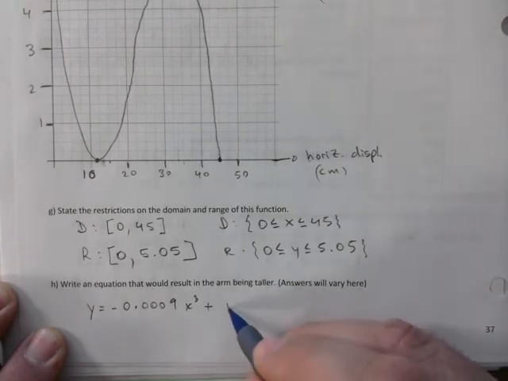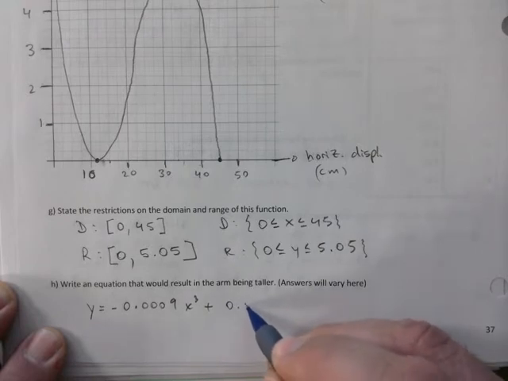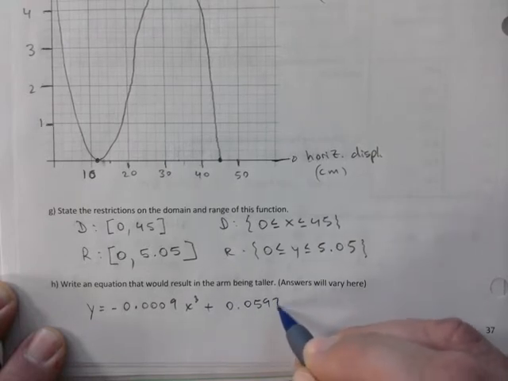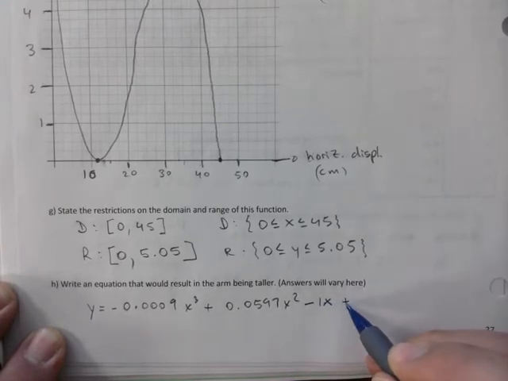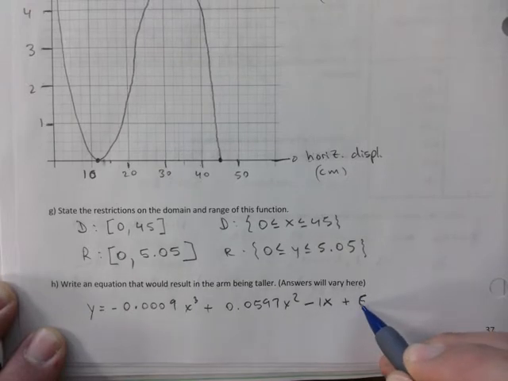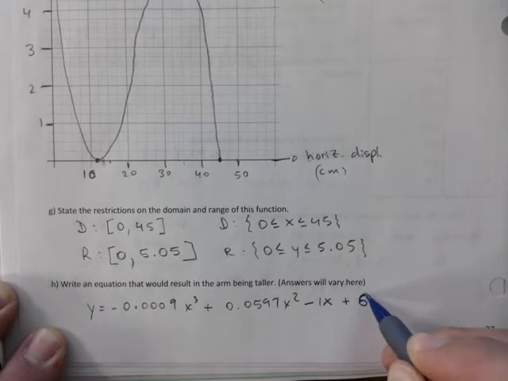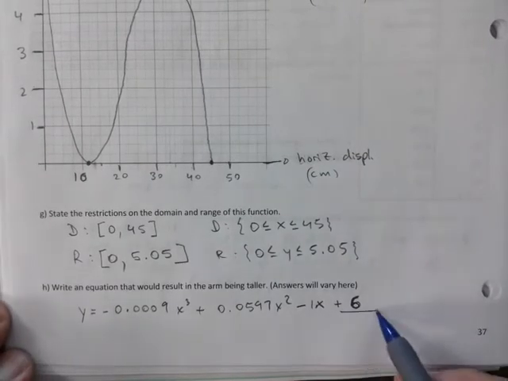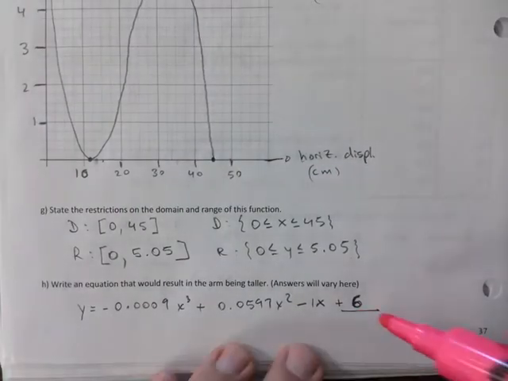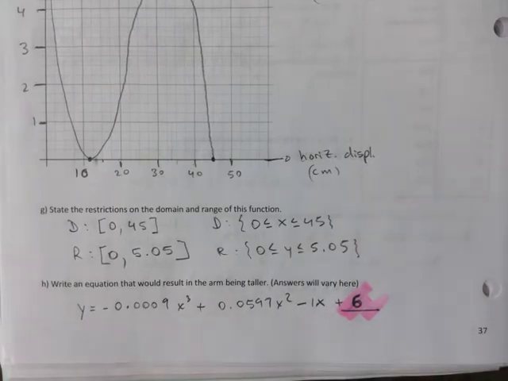And that's 0.0597x squared minus 1x. We made that 1x plus 5. Sorry, so I'm going to make this plus 6. Plus 6 would be the taller part. You could go 1,000 if you want.